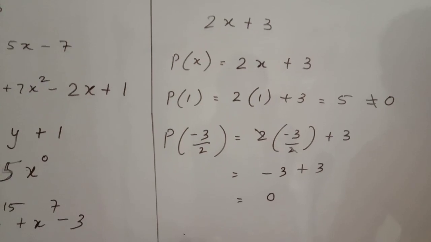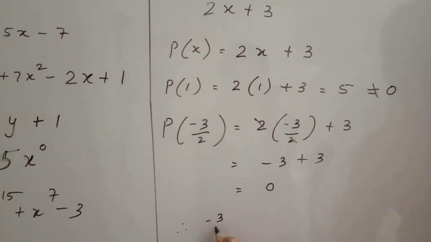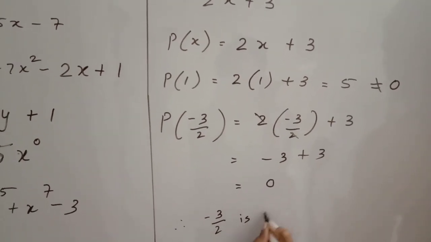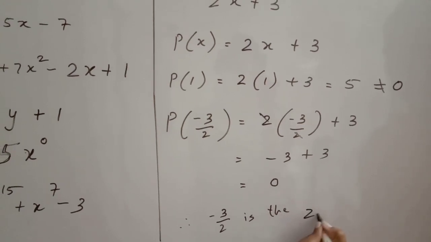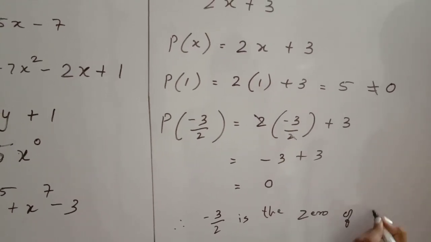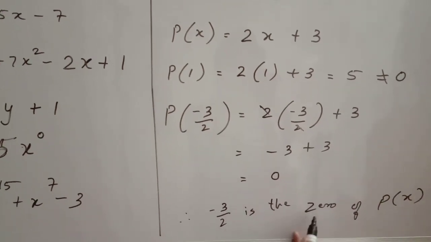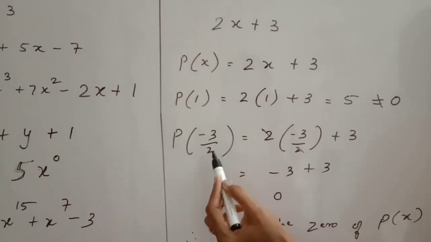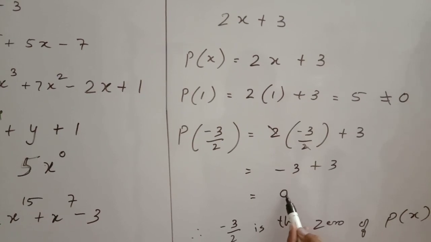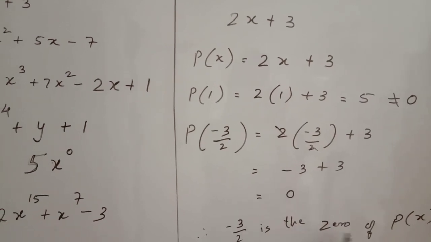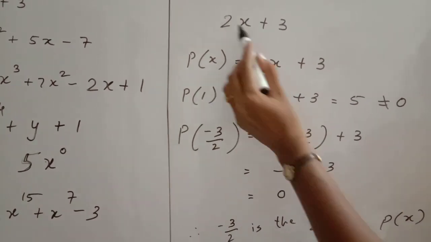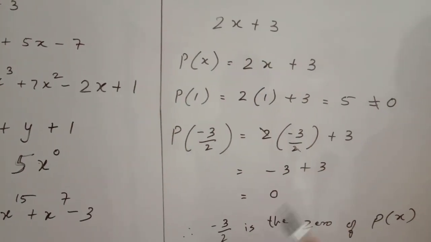So, I say that minus 3 by 2 is the zero of the given p(x). So what is the meaning of zero? That value of x which gives p(x) equal to 0. That is called the zero of p(x). Now, a linear equation will have maximum 1 zero.